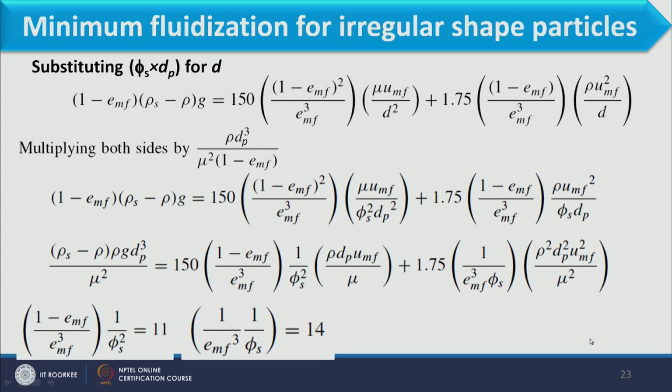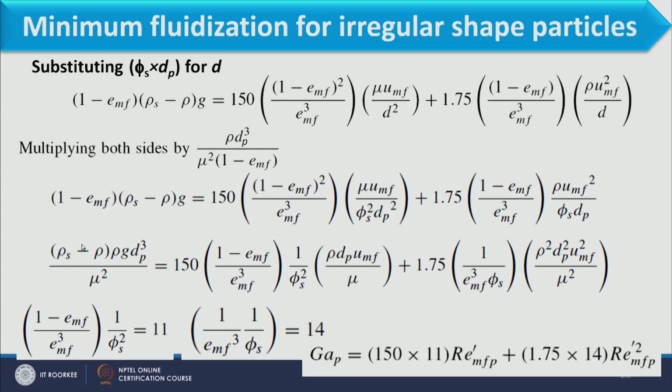So putting all these factors, we can obtain the Galileo number for the particle, because this is not of regular shape. We can have 150 into 11, this can be replaced by 11, and here this is replaced by the Reynolds number for the particle at minimum fluidizing condition, and similarly 1.75 into 14 we can obtain from here, and this is the Reynolds number of the particle square.